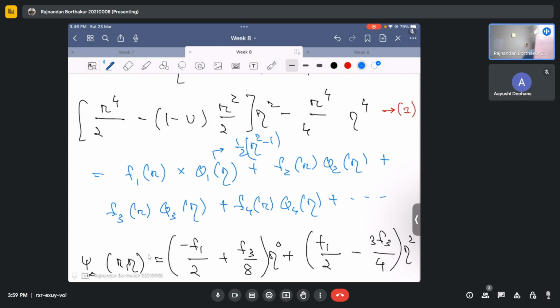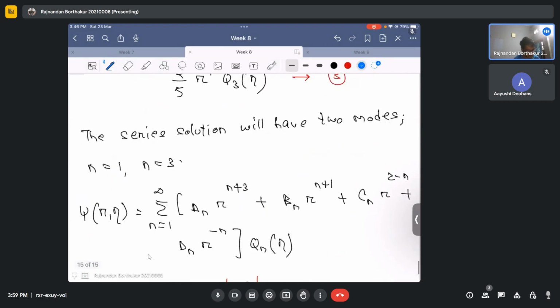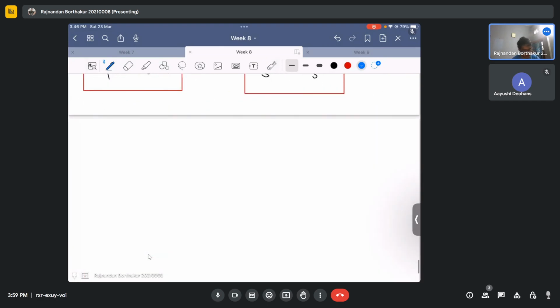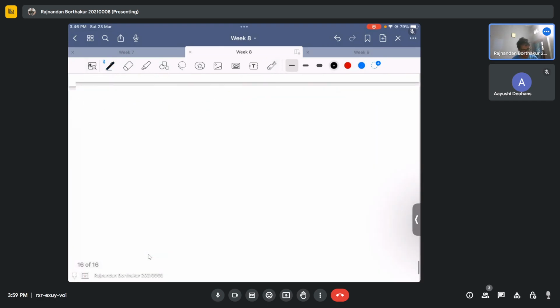Q2 is basically half of eta cube minus eta, because you can see that the n equal to 2 mode of the Legendre polynomial is P2 equals half of 3 eta squared minus 1.